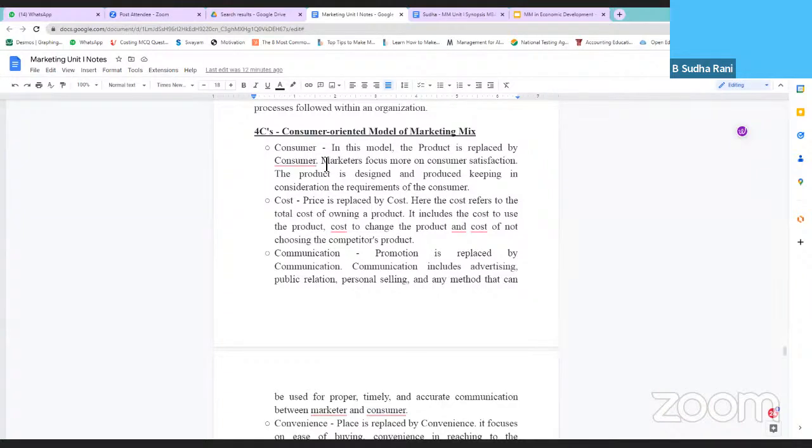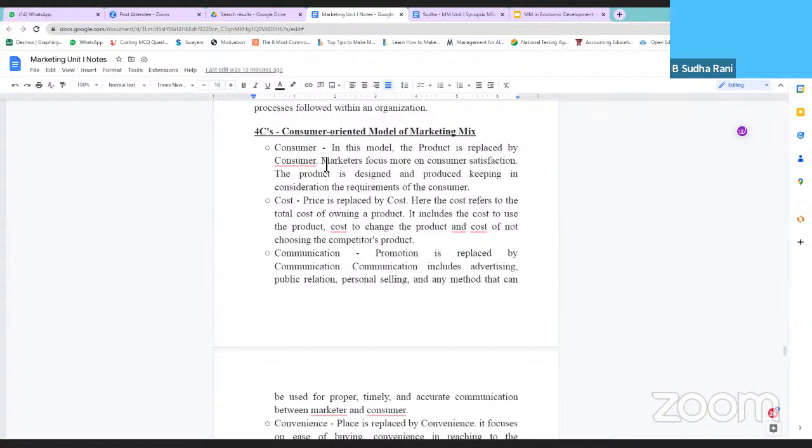Okay. The next one is cost. Price has been replaced by cost. Price is what is charged by the marketer in a competitive way, satisfying the customer as well as the company's objective of making profit. But now this has been replaced with cost, that is the total cost of owning a product. That includes the cost to use the product, the cost to change the product, and the cost of not choosing a competitor's product.